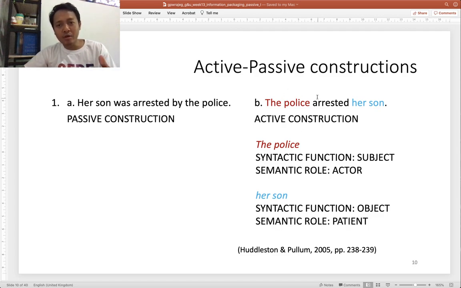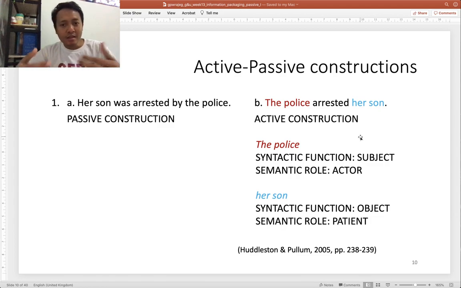In this case, the police is the subject of arrested and also the actor of arresting. So 1B describes an arresting action, and another participant here is her son, which is the object of arrested and has the role of patient.